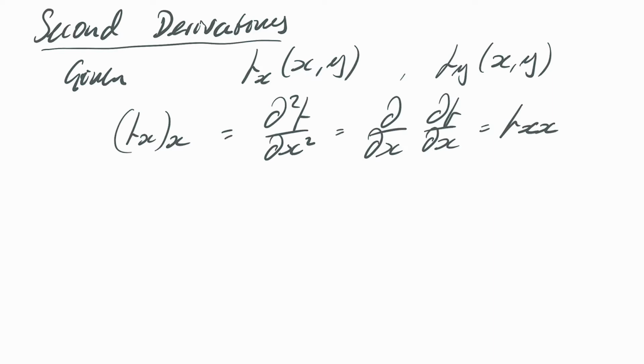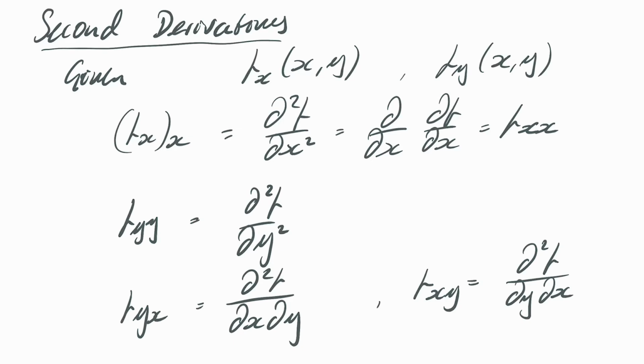So these are just different ways to write out the second derivative with respect to x. We then have the mixed partial derivatives, the derivative with respect to y, followed by the derivative with respect to x, and fxy, which is the derivative with respect to x, followed by the derivative with respect to y. So note the ordering in the two notations.